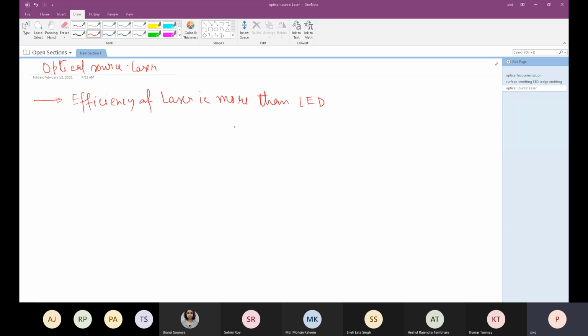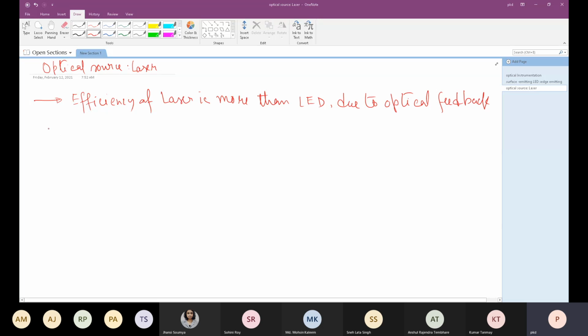More than LED. This is because there is some kind of optical feedback which gives rise to this stimulated emission of radiation. So there are gas lasers and semiconductor lasers.